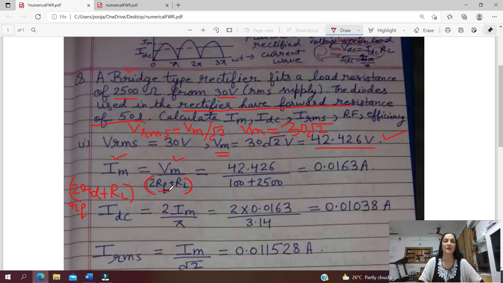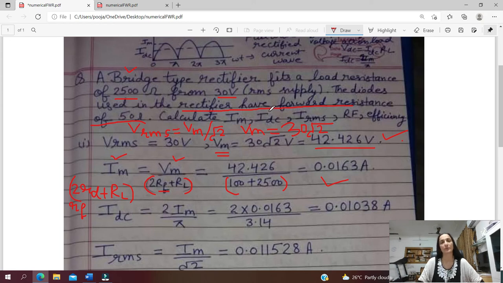RF is the diode forward resistance, its value is given to us as 50 ohm. We will multiply it by 2, so 100 plus 2500. Then we will solve for the peak value of output current. It comes out to be 0.0163 ampere.